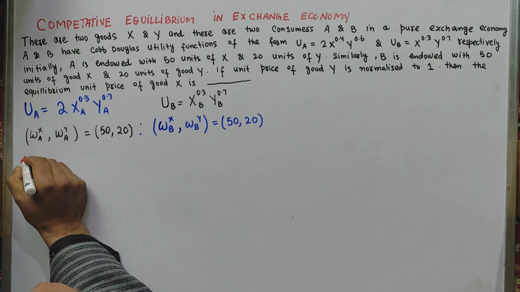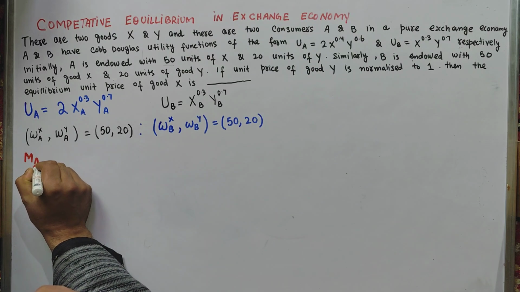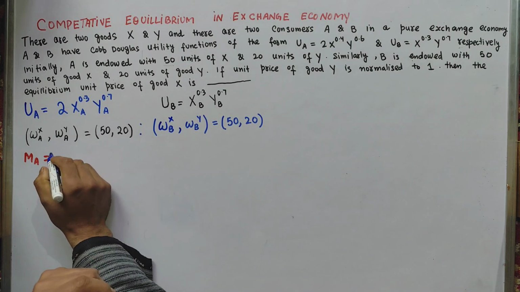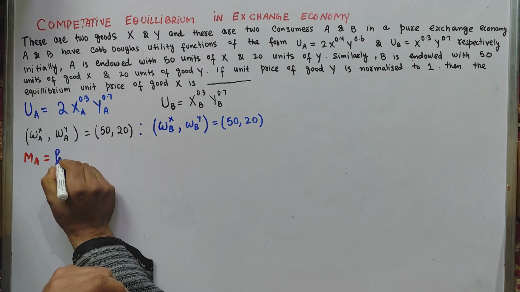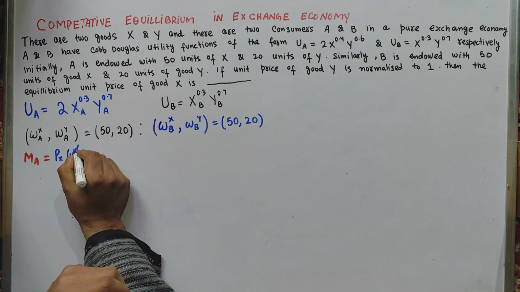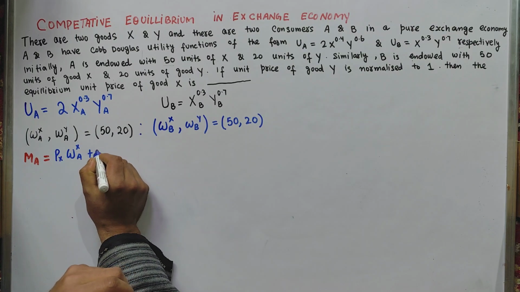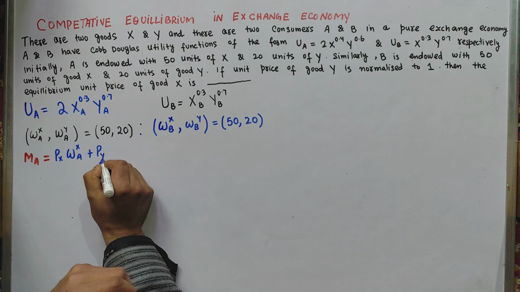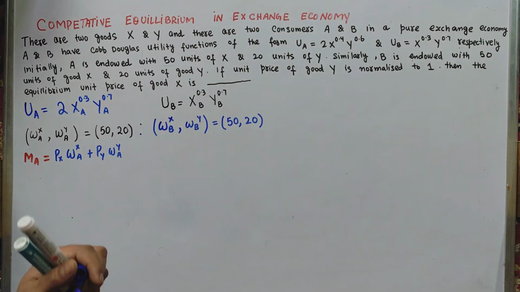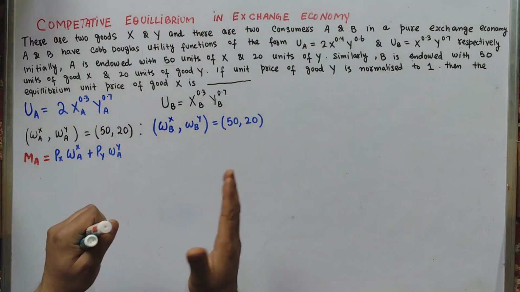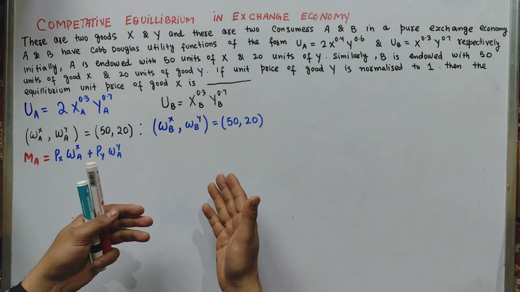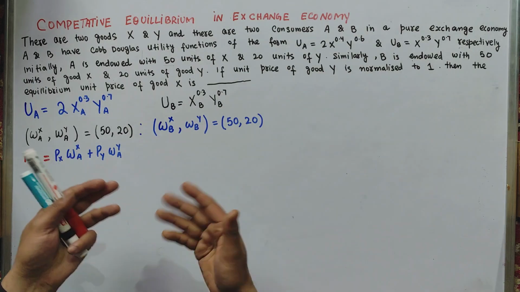Income of consumer A will be equal to the price of good X times units of good X endowed by person A, plus the price of good Y times units of good Y endowed by person A. This will be the income of the consumer. Here we are assuming that the consumer has no outside income. The endowments are actually his income here.